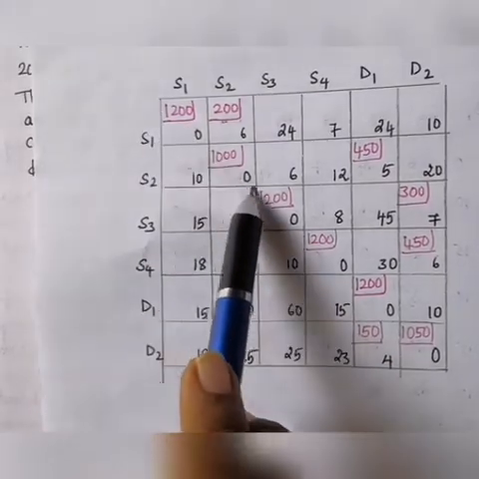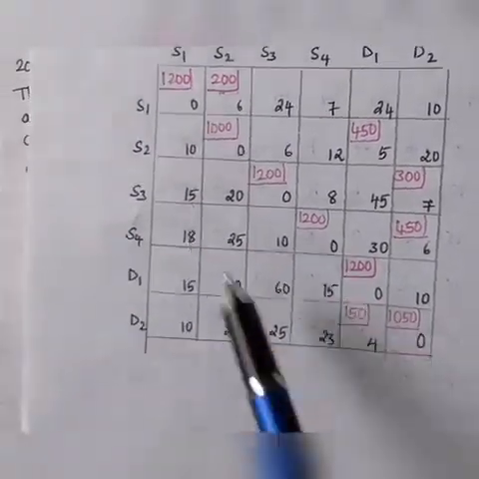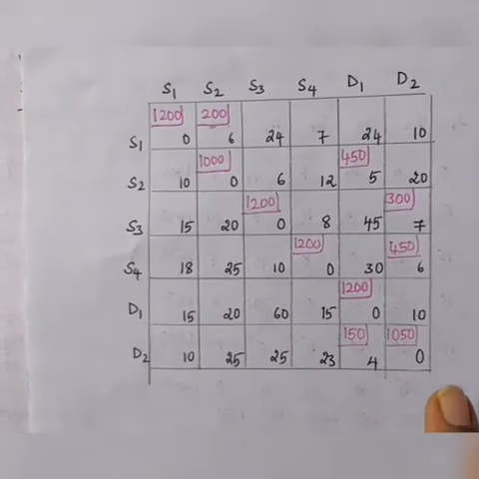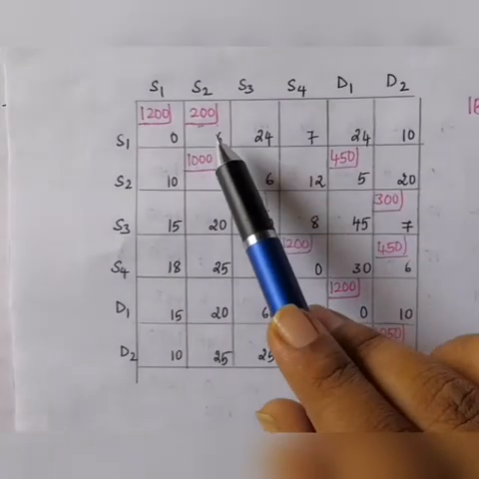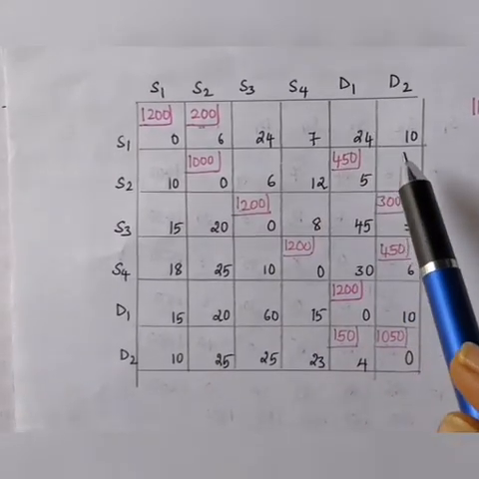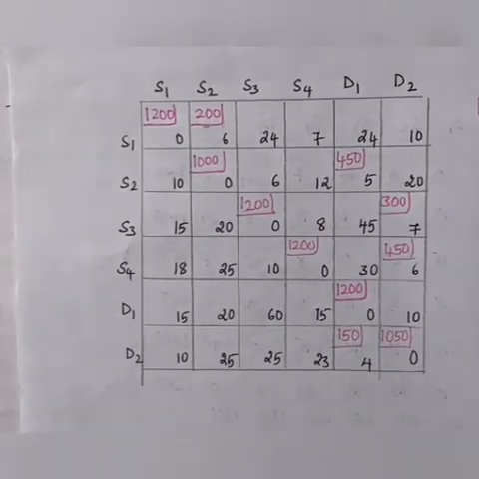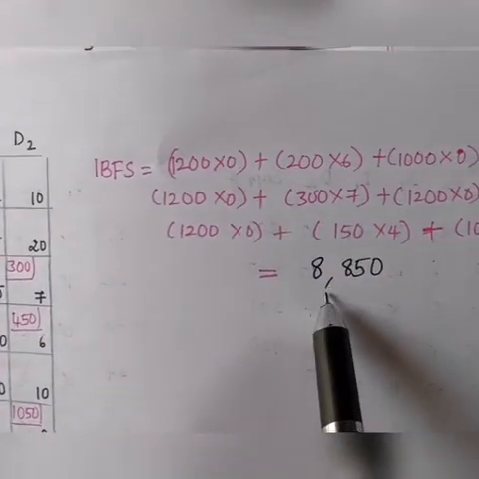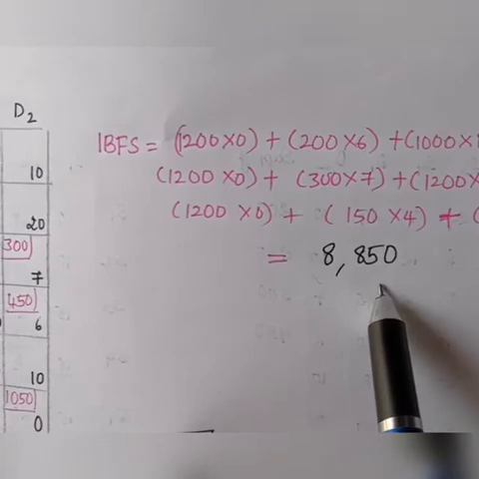So we can ignore these values while calculating the IBFS. Once you make allocations using Vogel's approximation method and calculate your IBFS here, you get 8,850.